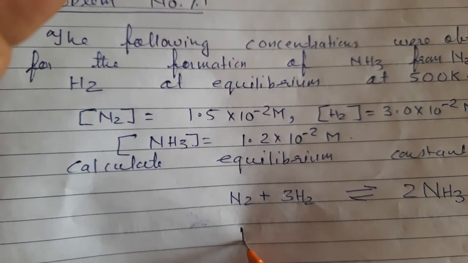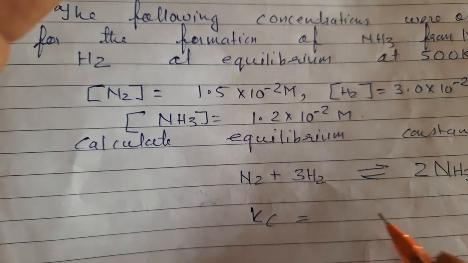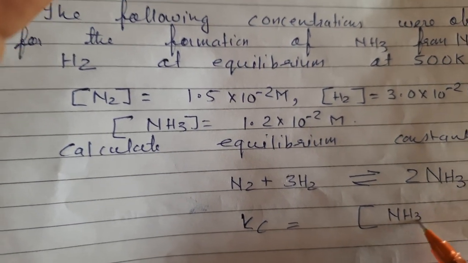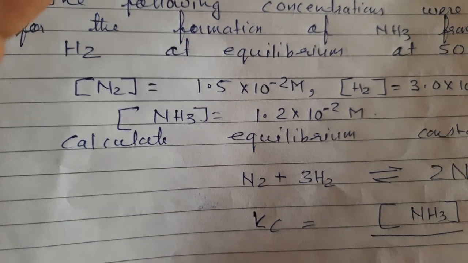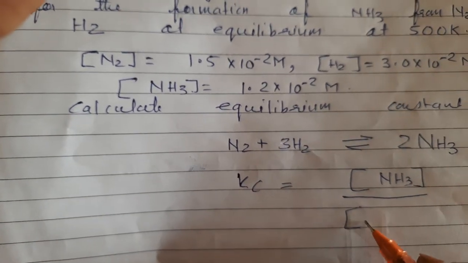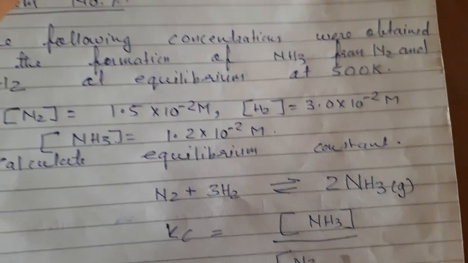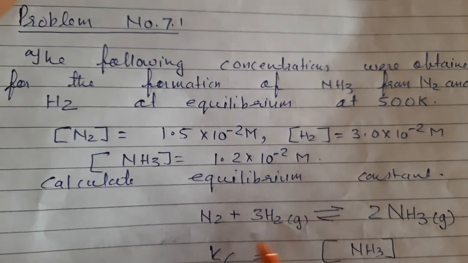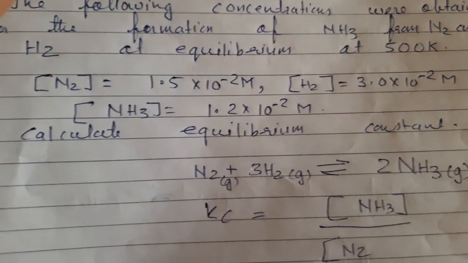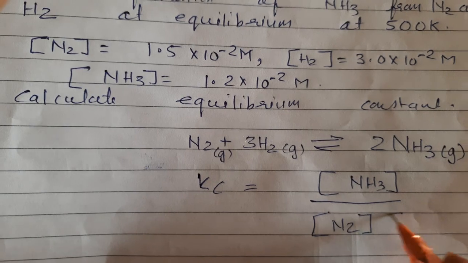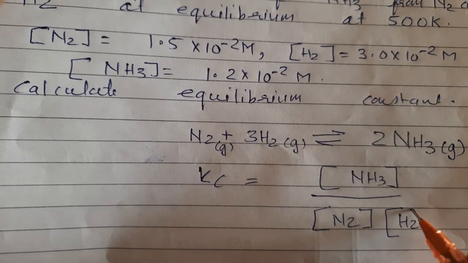So Kc is given by the concentration of products divided by the concentration of reactants. This bracket is concentration. Ammonia is also a gas, mind it, beta. It should be in gaseous phase. So N2 is also gas. So Kc is equal to the concentration of ammonia divided by the concentration of N2 and the concentration of H2.